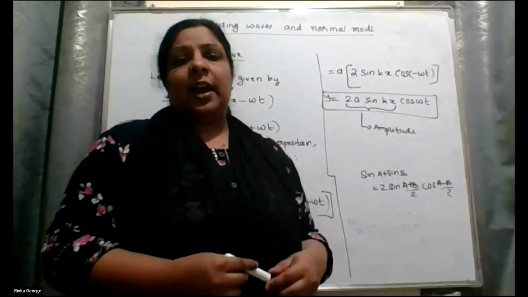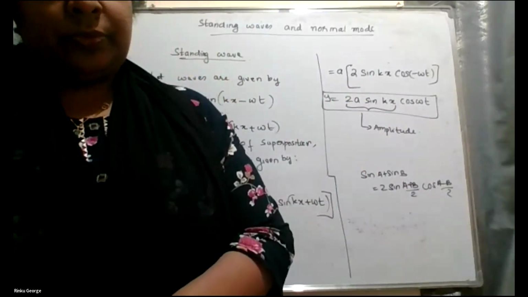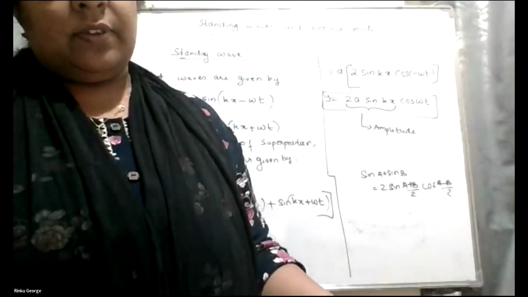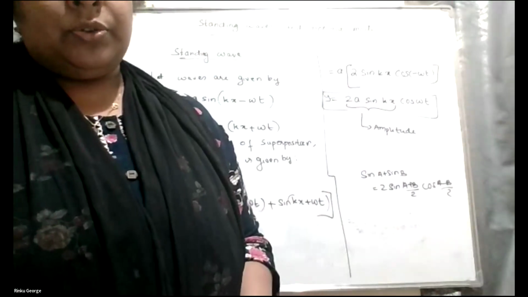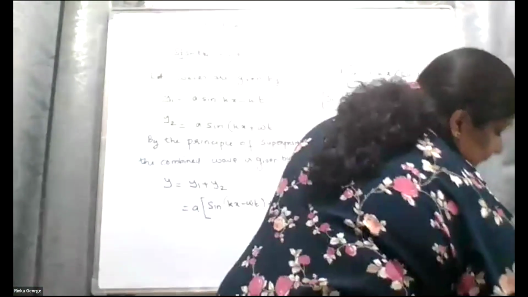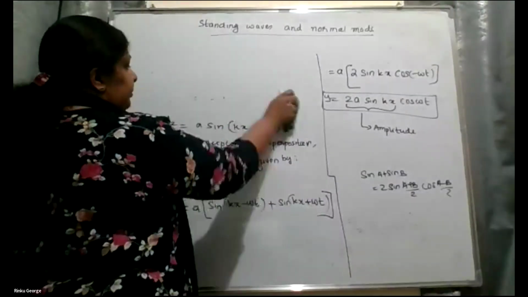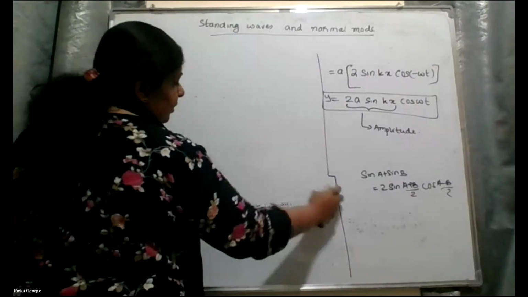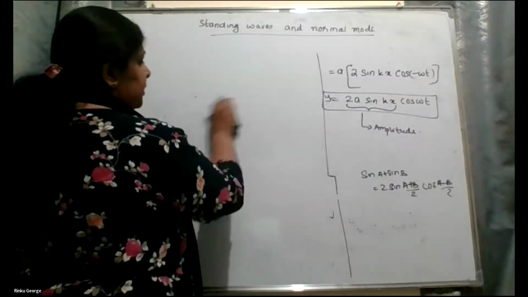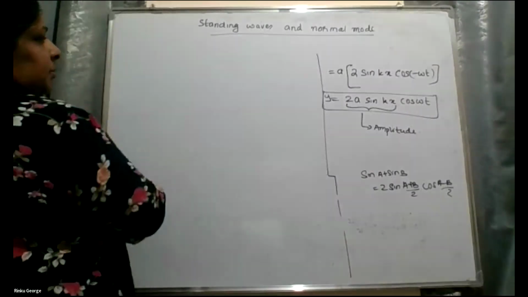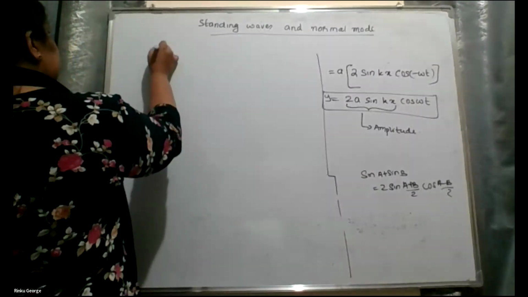Okay. So write the amplitude of the standing wave. The amplitude of the standing wave is given by 2a sine kx. Standing wave is also known as stationary wave. Both are the same. Standing wave and stationary wave are the same. So amplitude is given by 2a sine kx.